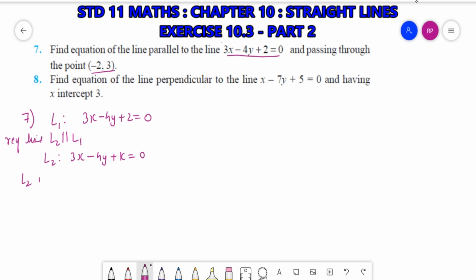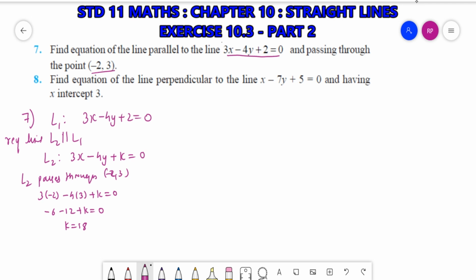Now L2 passes through (-2, 3). So 3 into -2 minus 4 into 3 plus k equal to 0. So this is -6 - 12 + k = 0. So this is -18 + k = 0, k is equal to 18.